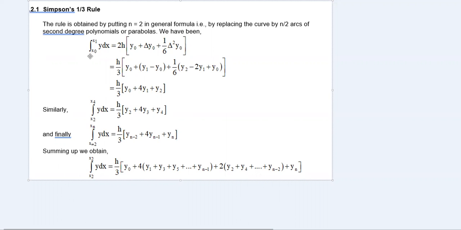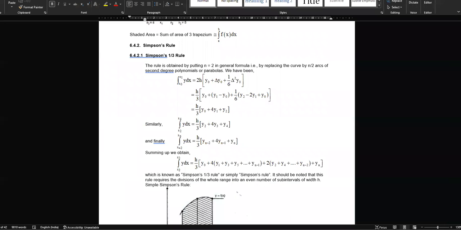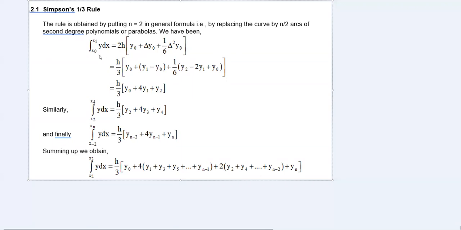This is x0 to x2. N equal to 2, so we take two intervals.